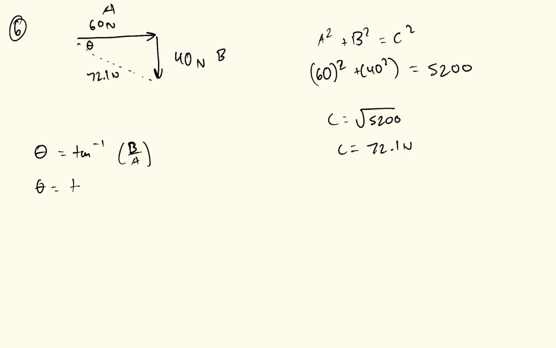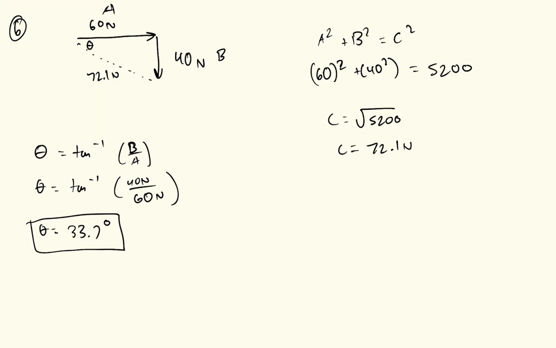Theta is equal to inverse tangent 40 newtons over 60 newtons. Theta is equal to 33.7 degrees. So the resultant sum vector is 72.1 newtons, 33.7 degrees below the horizontal planar field.